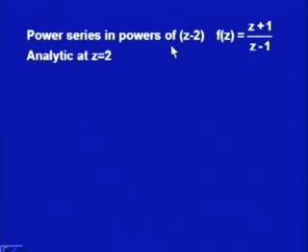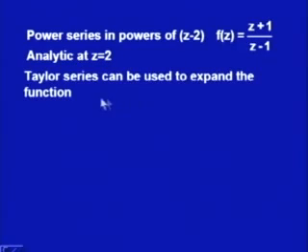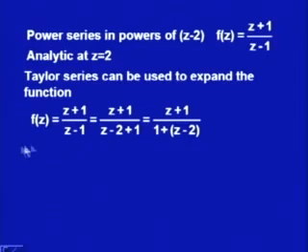If we have to express the same function, but now in powers of z minus 2, then we may notice that this function is analytic at z is equal to 2. So, the Taylor series can be used to expand this function, and again we simplify this term so that we can expand it in powers of z minus 2.